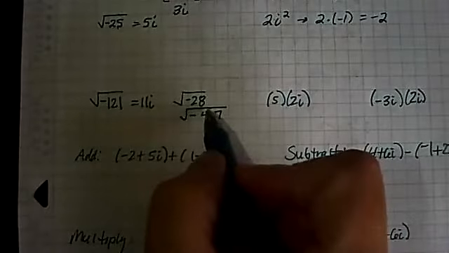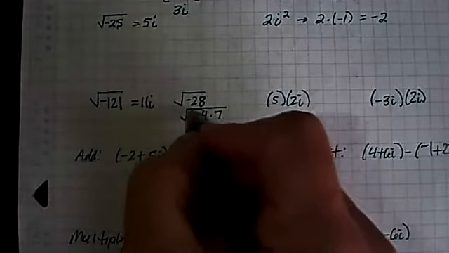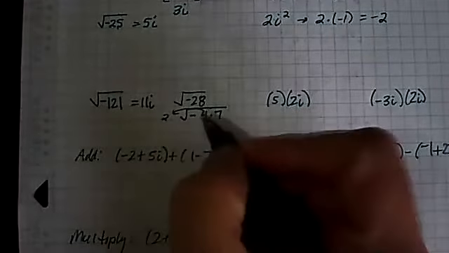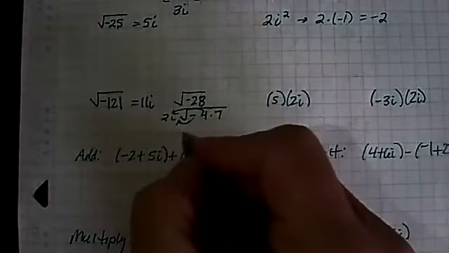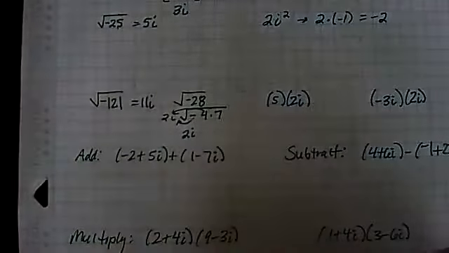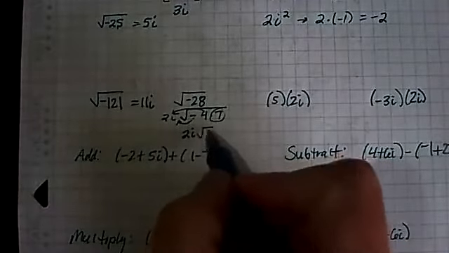So what is the square root of 4? Well, it's 2. So for this, I can bring out a 2. And for this, I can bring out an i. So we have 2i on the outside, but this has to stay. So we're still left with a radical 7.